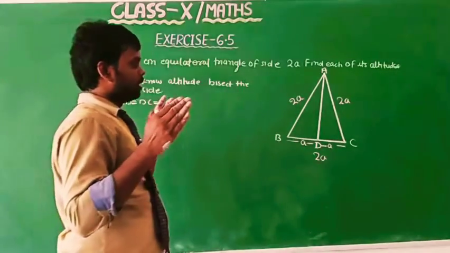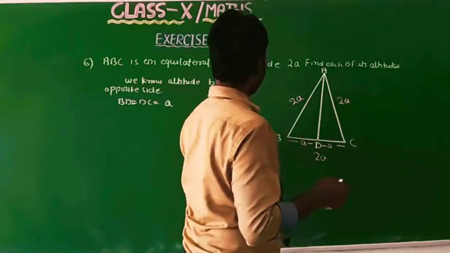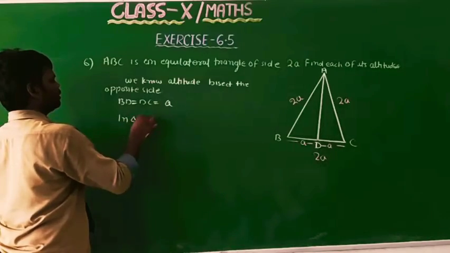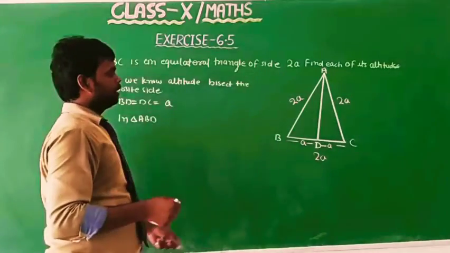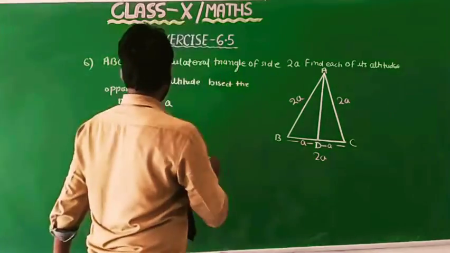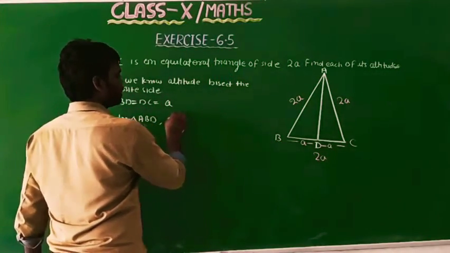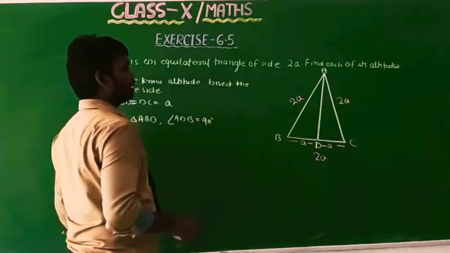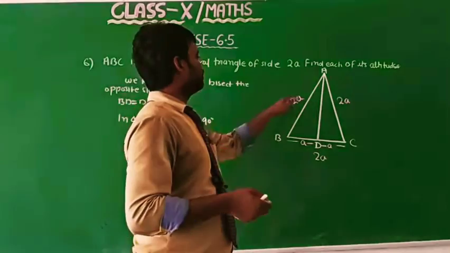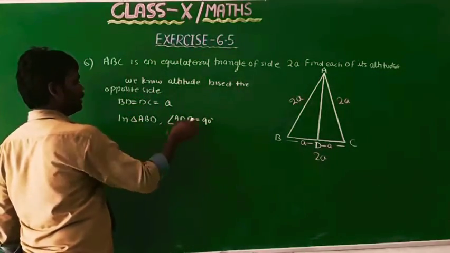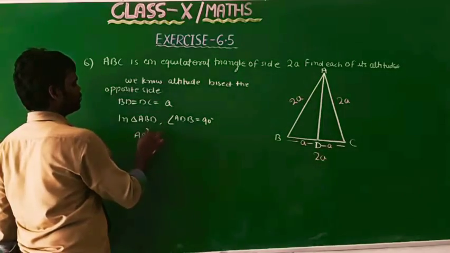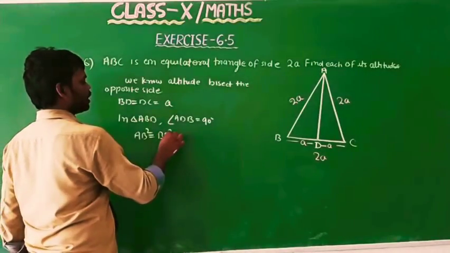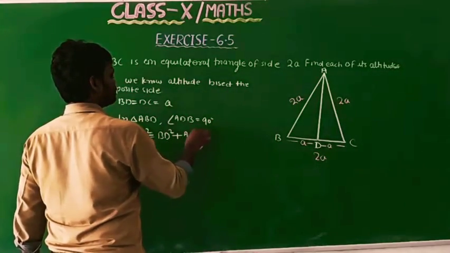Now in triangle ABD, right angle at D equal to 90 degrees. Now applying the Pythagoras theorem, we obtain AB square, AB is the hypotenuse, equal to BD square plus AD square.